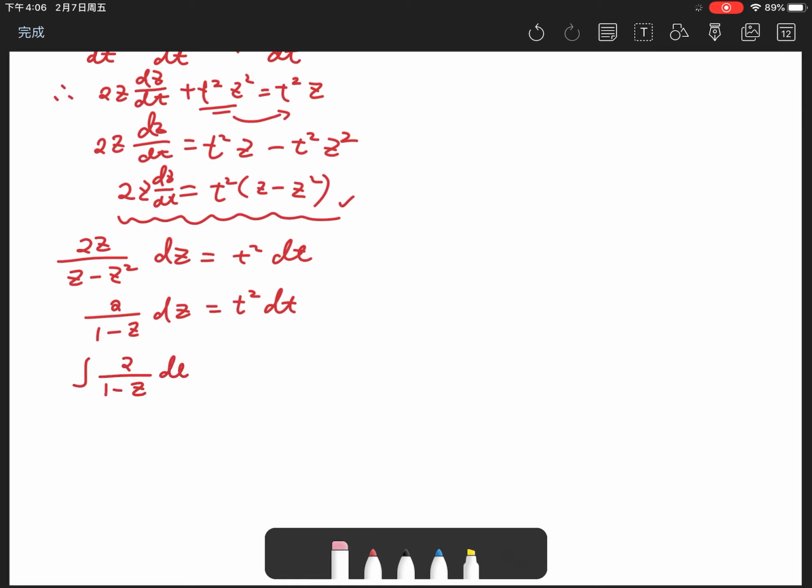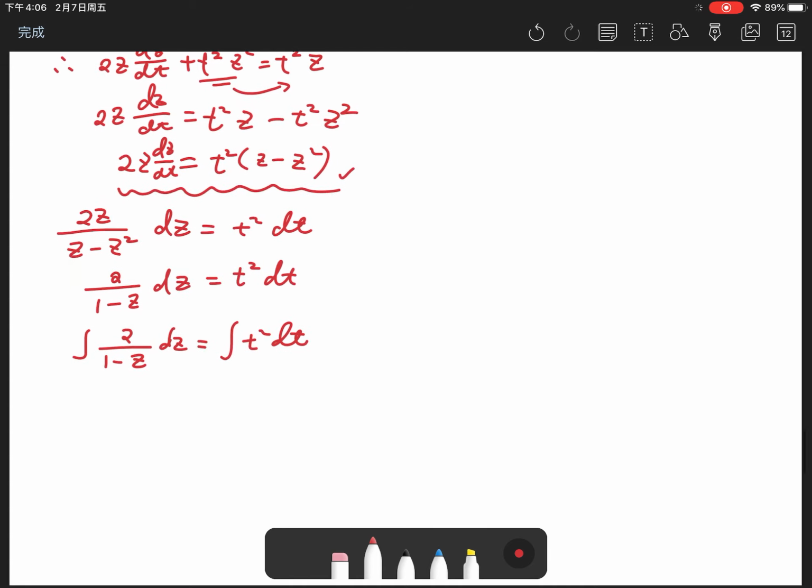So integrate 2 over (1 minus z) dz equals the integral of t square dt.